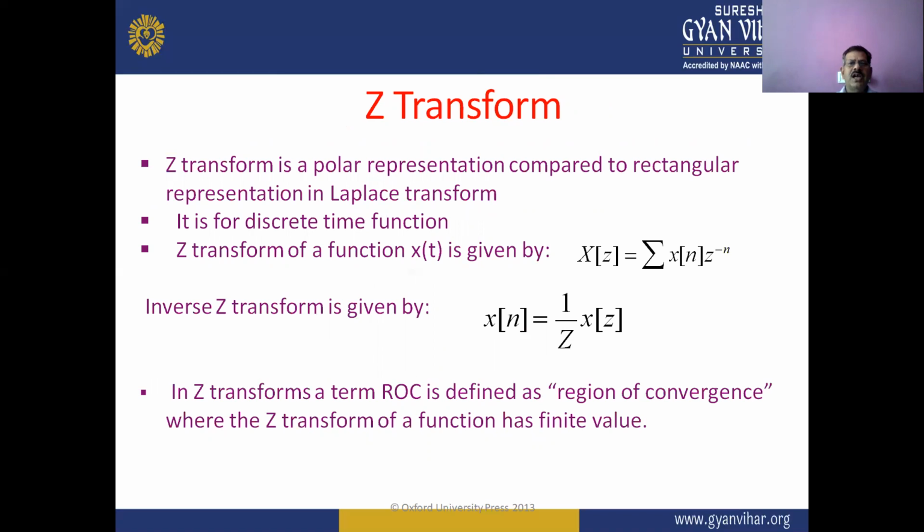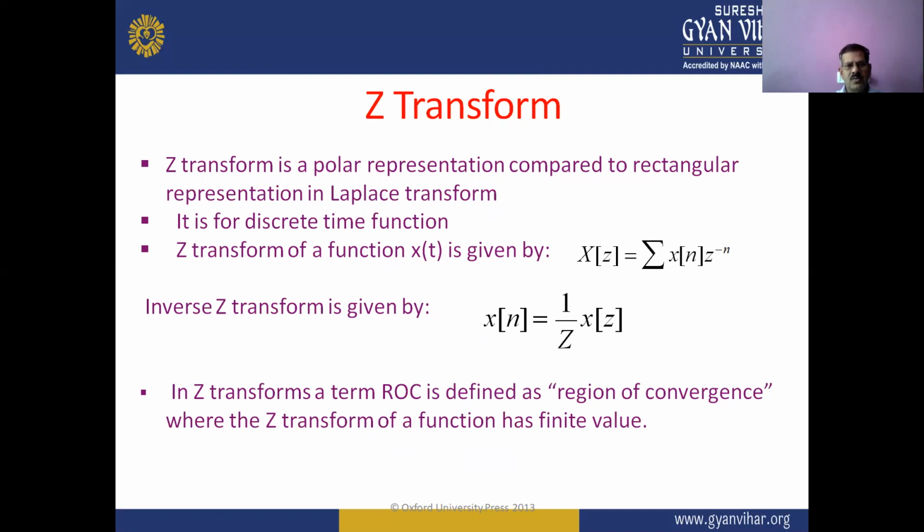Next one is the Z transform. A Z transform is a polar representation compared to the rectangular representation in the Laplace transform. The Z transform of a function x(n) is given by X(z) equal to the summation of x(n) z to the power minus n.